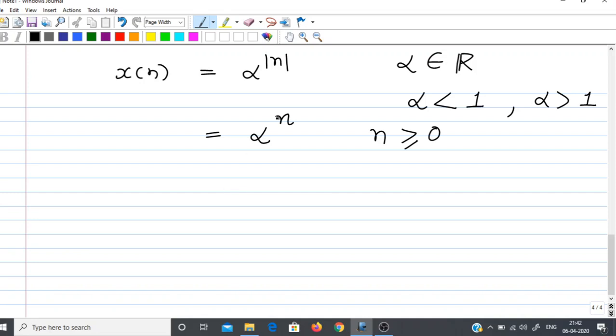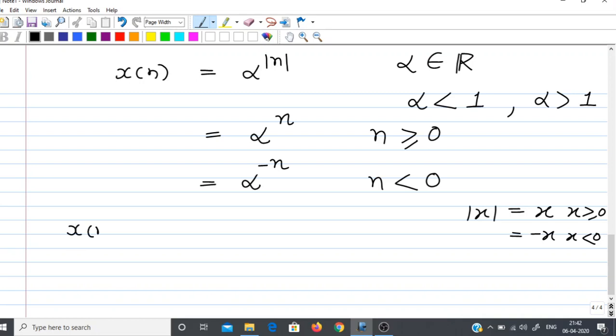And on the negative side, mod n will be minus n, from the definition of mod x. What is mod x? Mod x is x when x is positive or 0, and it is minus x when x is less than 0. So I can write alpha to the power minus n when n is strictly less than 0. So this is the piecewise representation for this sequence alpha to the power mod n.